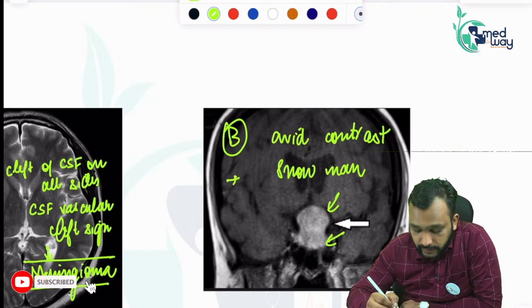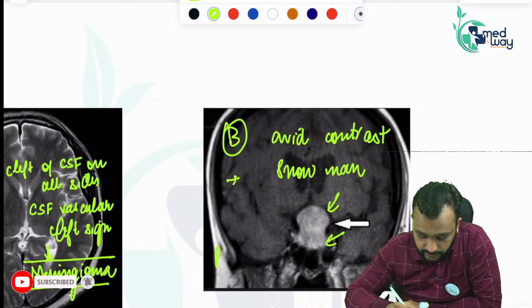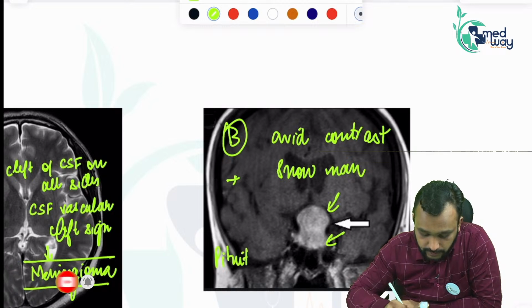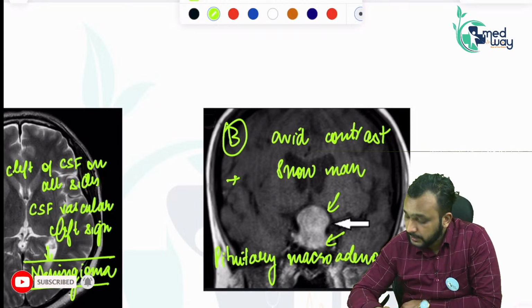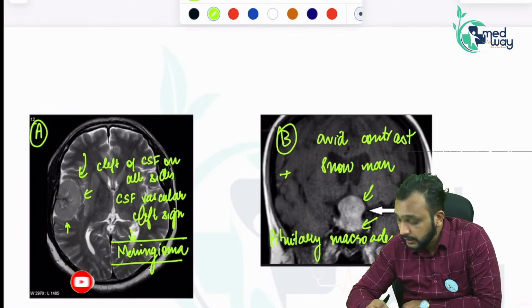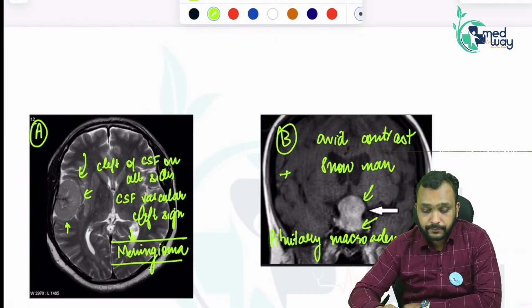This figure of 8 appearance is seen in a case of pituitary macroadenoma, right? Pituitary macroadenoma.